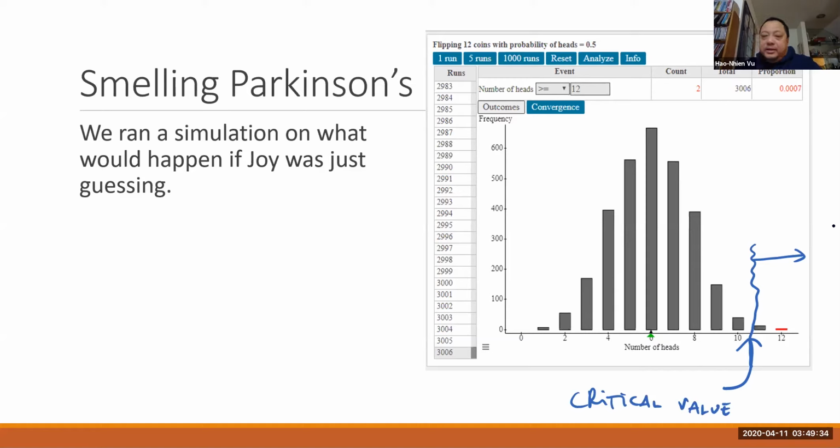The area to the right of the critical value is called alpha. And that's why I used the word significant earlier. How significantly well must she perform for us to believe her? If she performs that well, to us it's significant and we would believe her.